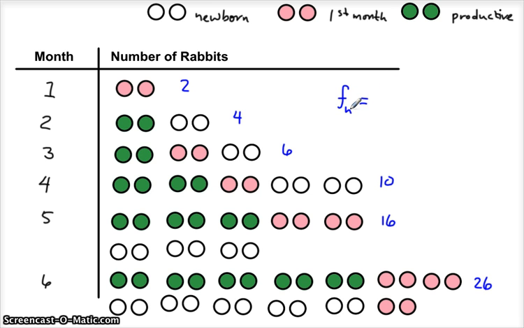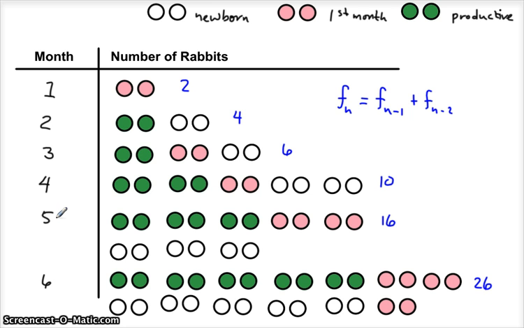So we would say in the nth month, if I want to know the number of rabbits I have, I need to look at the previous month, which we'll call n minus 1 because it's 1 month behind. And we'd add to it the month behind that, which we'd say is n minus 2. Okay? So when we looked at month 6, that would act as our n.